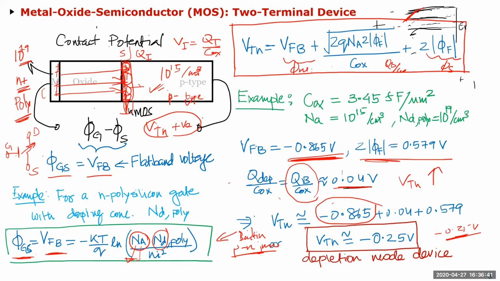Okay. Subham, go ahead. What's the question? So how do we get the immobile charges? Did I get cut off or something? I was explaining, right?